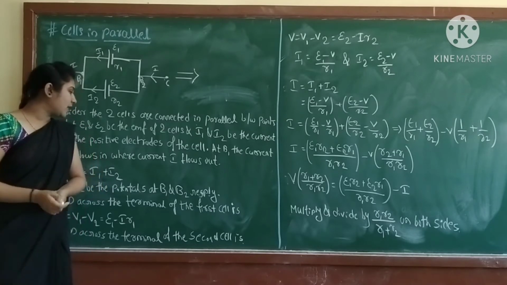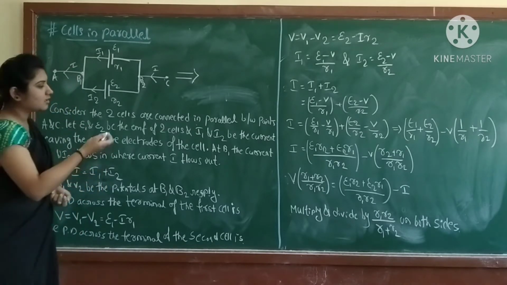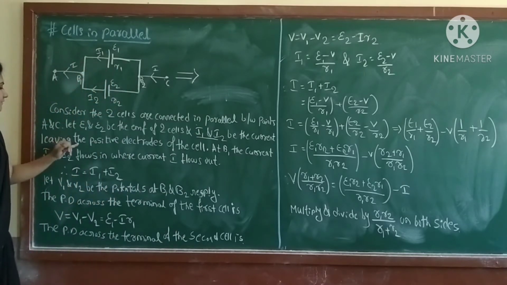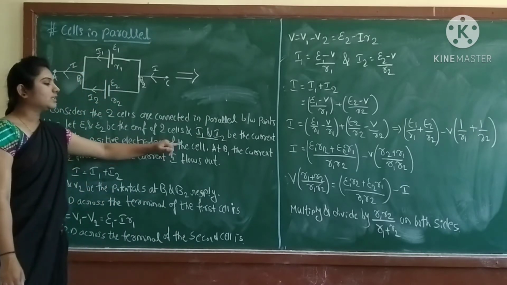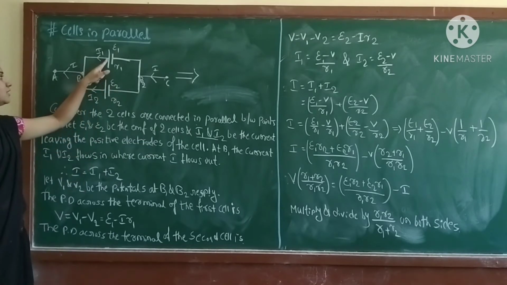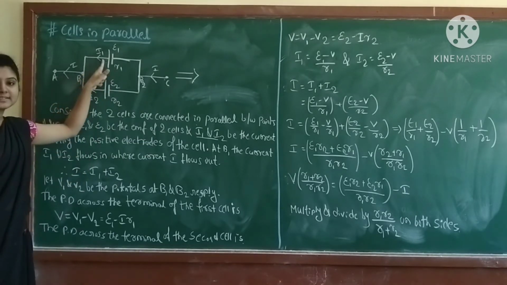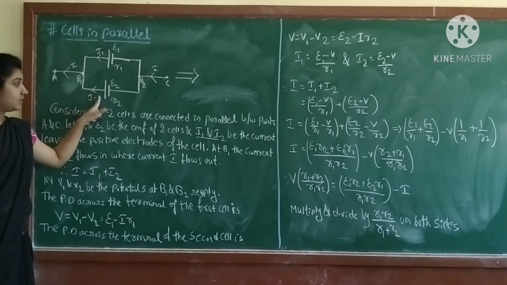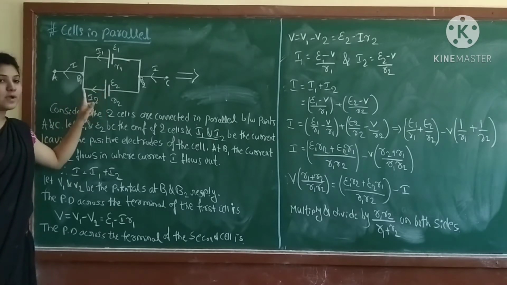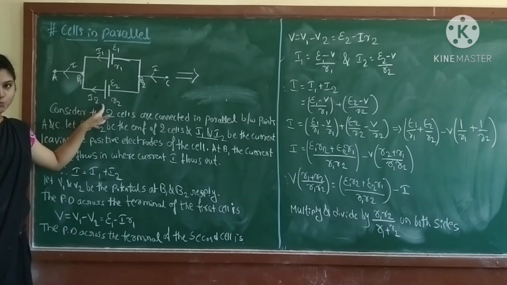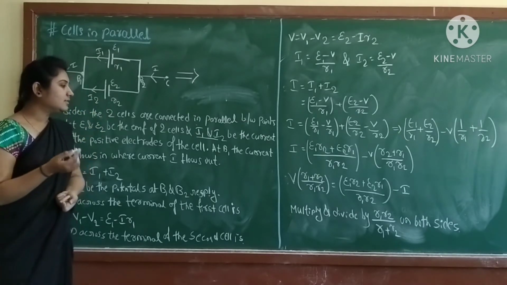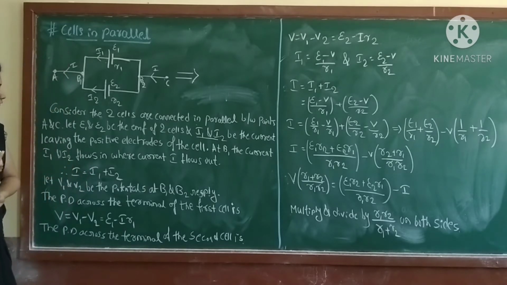Now, I1 and I2 are the currents leaving the positive electrodes of the cells. I1 is leaving the positive electrode of cell 1, and I2 is leaving the positive electrode of cell 2. Then at B1 the currents I1 and I2 flow in such a way that current I flows out.